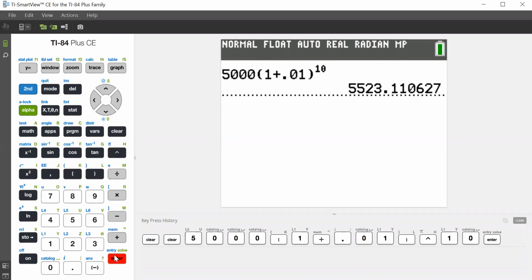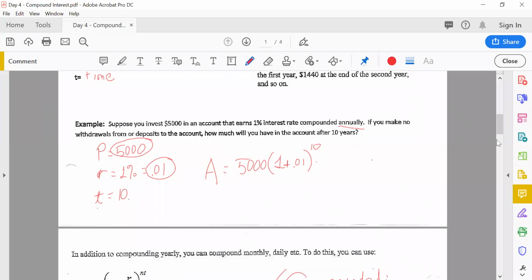All right, let's go to our calculator feature and find out the answer. That's $5,523. Now this is money, so unless it says otherwise, round to the nearest penny. So it equals, don't forget the dollar sign, $5,523.11. And that's it.